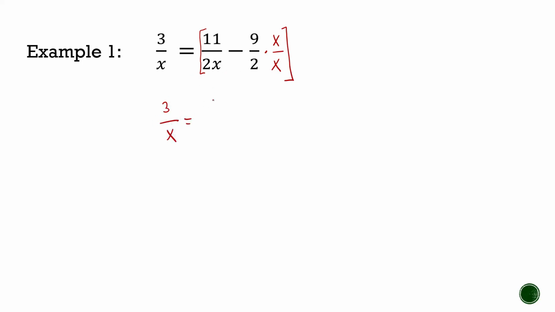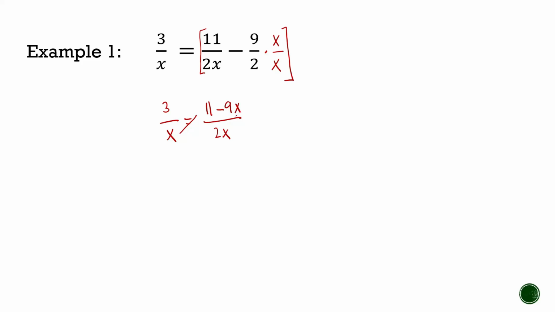So meaning if I will write this, this is going to be 11 minus 9x over 2x, because now the denominators are the same. Okay. So the next step that I'm going to do here, most teachers will tell you to cross multiply. Well, you can do that, but if you distribute this x to 11 minus 9x, you're going to have an x squared.